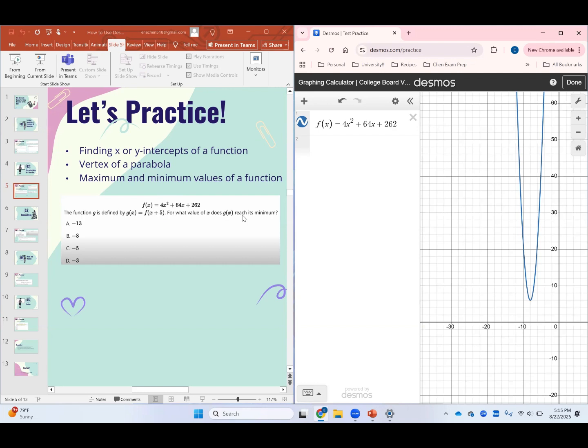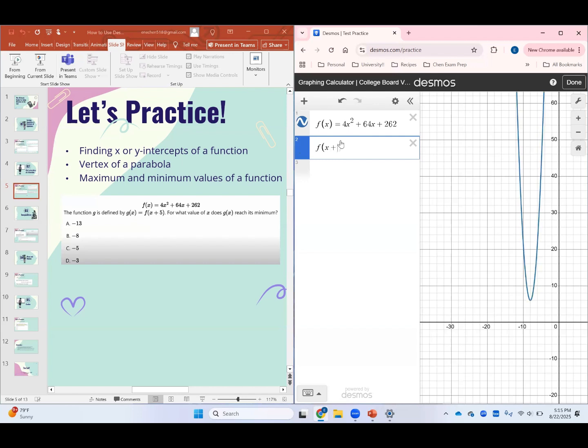So if you don't want to go through the pain of figuring out g at x algebraically by plugging in x plus 5 into each x value and then expanding and everything, what you can do is use DESMOS and simply go f and then x plus 5.